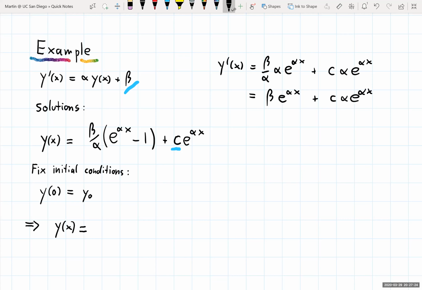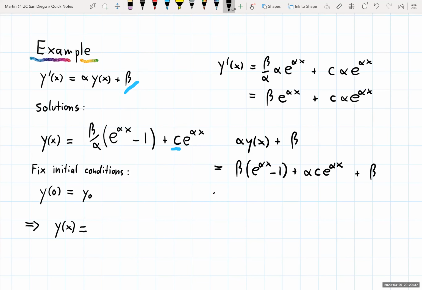now to check this corresponds to the right-hand side of the equation, what we can do is just compute the right-hand side of the equation. So let's write down the right-hand side and just plug in the value of y of x here. So this thing is the same as beta times exponential of alpha x minus 1 plus alpha times the constant of integration times exponential of alpha x, and eventually plus beta.